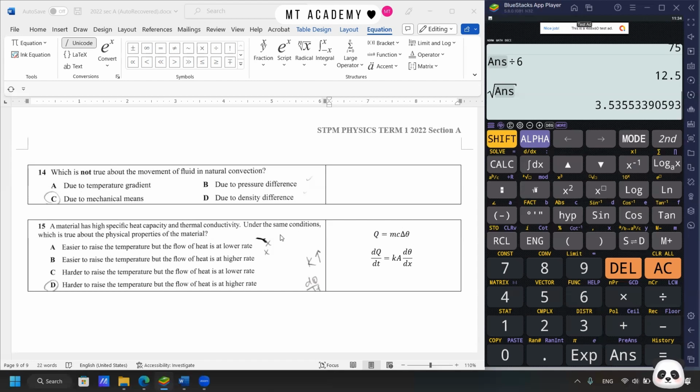As we have learned before, the higher the specific heat capacity, the harder it is for us to raise the temperature, which means the smaller the change in temperature. As for the heat flow, it depends on the thermal conductivity. So when the thermal conductivity k is high, it means that dQ/dt, the rate of flow of heat, is also high. So the answer is B.